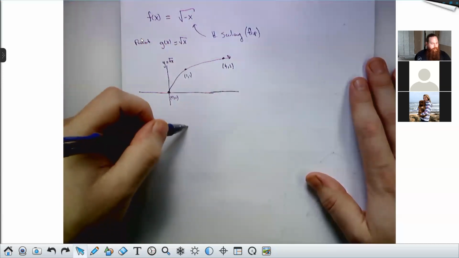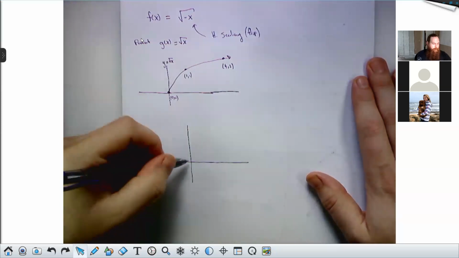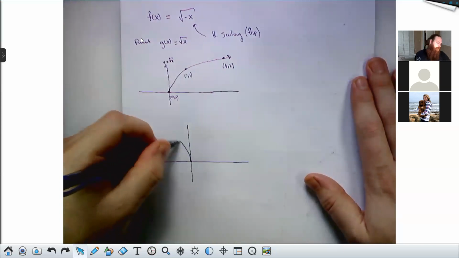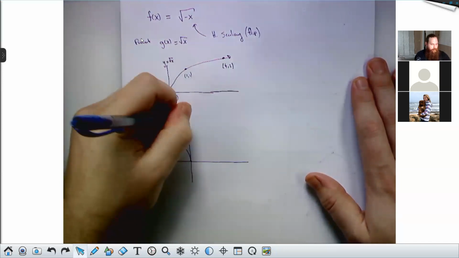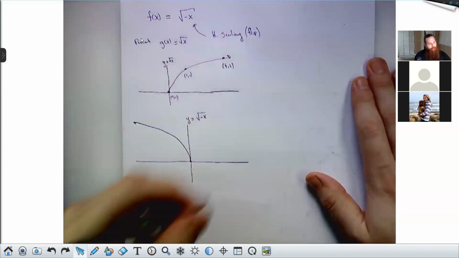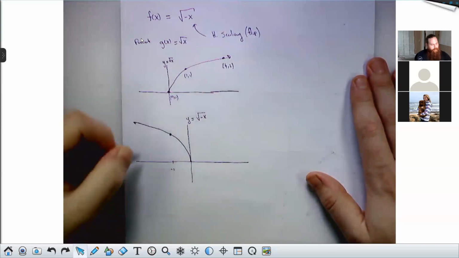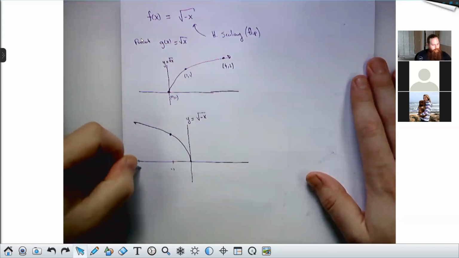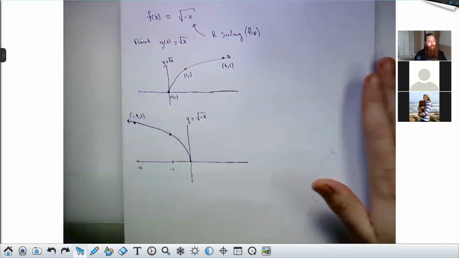If I wanted to graph the transformed version, he's just flipped over horizontally. This is y equals the square root of -x. So he'll go through -1, 1 and -4, 2. And he'll continue on like that forever and ever.